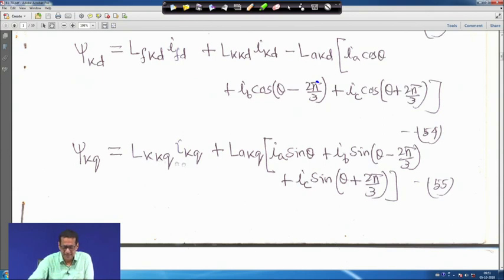So, that is why LKKQ IKQ plus LAKQ times IA sin theta plus IB sin(theta minus 2 pi by 3) plus IC sin(theta plus 2 pi by 3). This is equation 55, right.